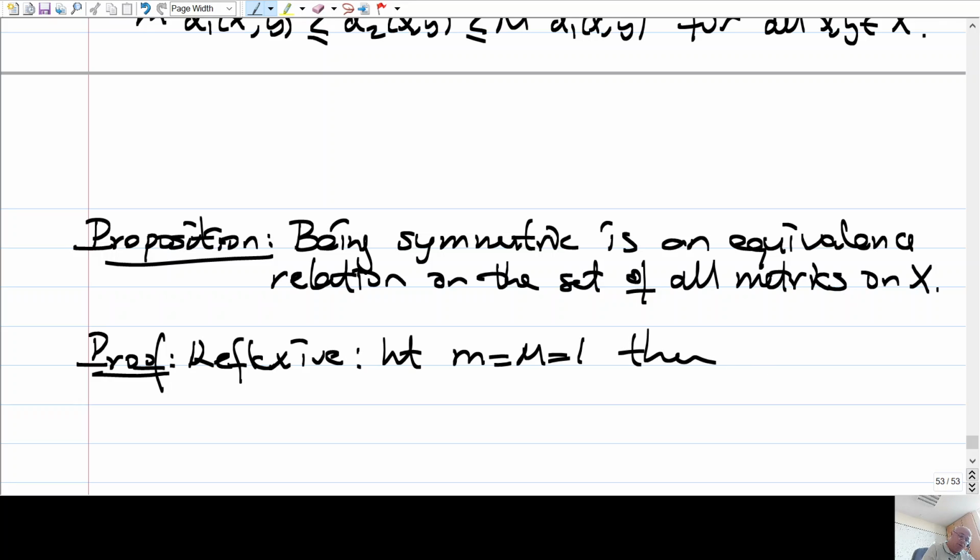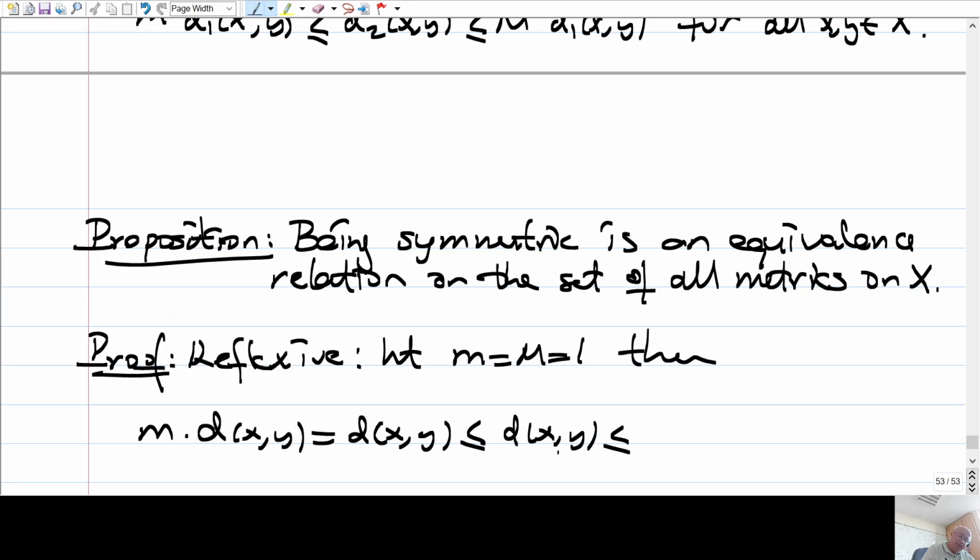Then, of course, m times d(x,y) is just d(x,y), and this is less than or equal to d(x,y), and this is less than or equal to d(x,y), which is just big M times d(x,y).